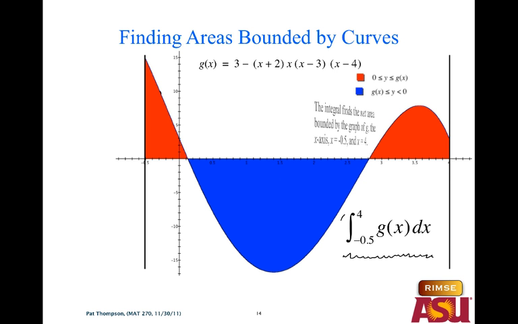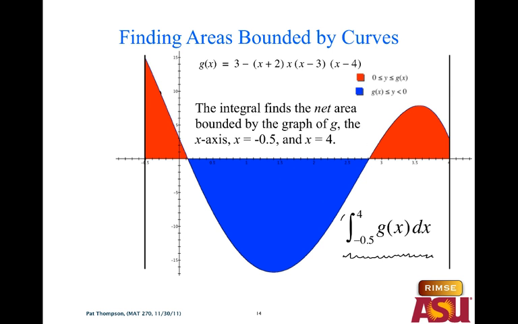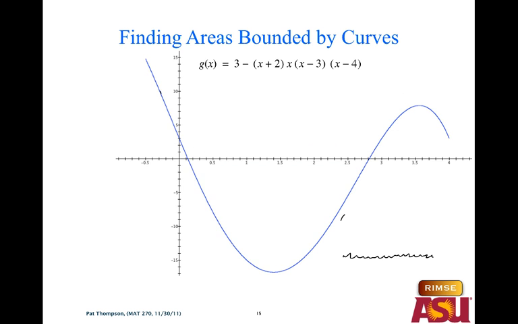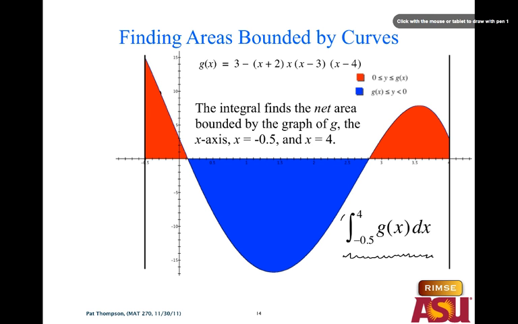So if I called this A1, and this A2, and this A3. So areas themselves are positive. So A2 is a positive value. It's the size of that region, okay? They're all three positive values.